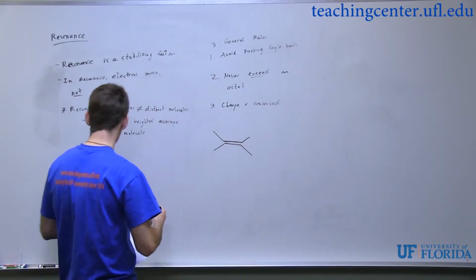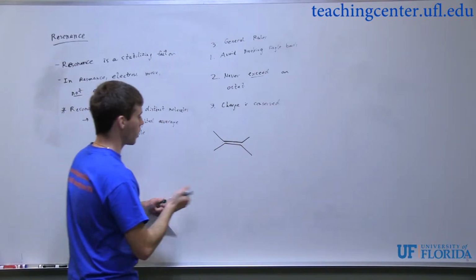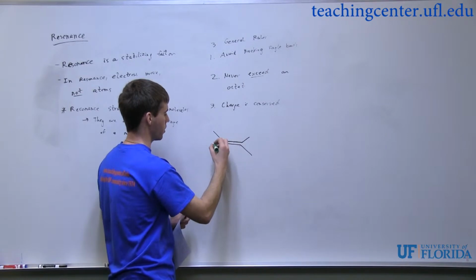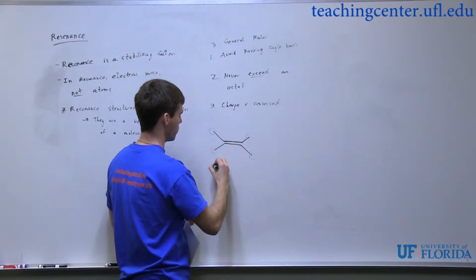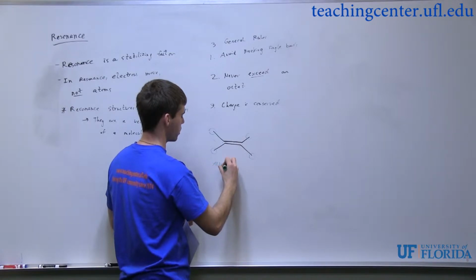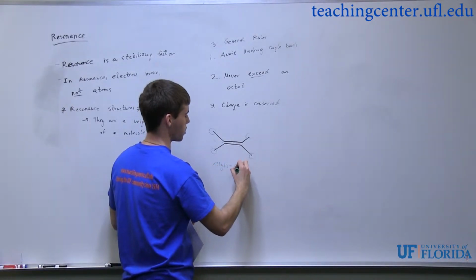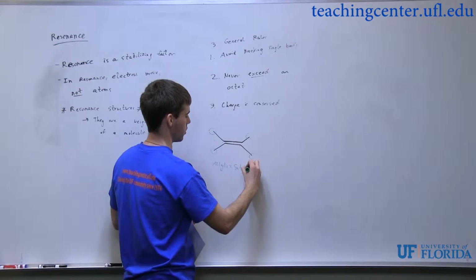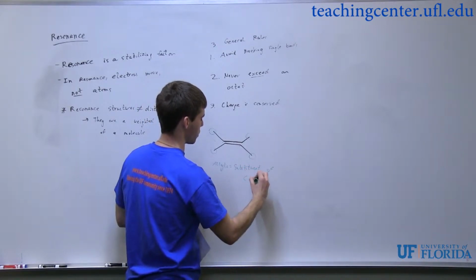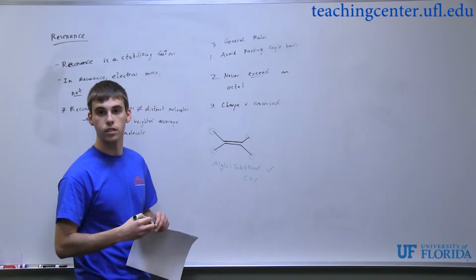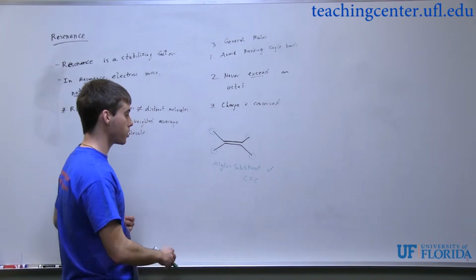Our allylic positions are these. So an allylic position is a substituent of a double bonded carbon. So I'll just represent it like that. Okay, so let's get into some examples.